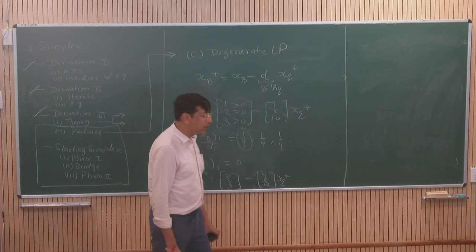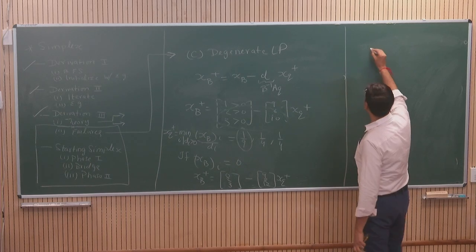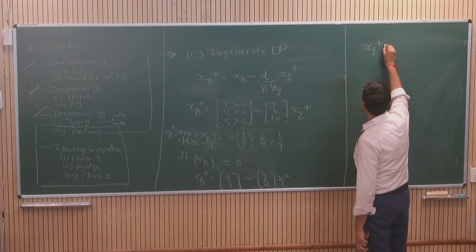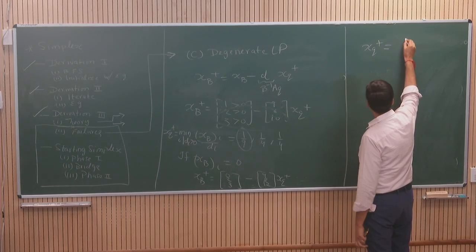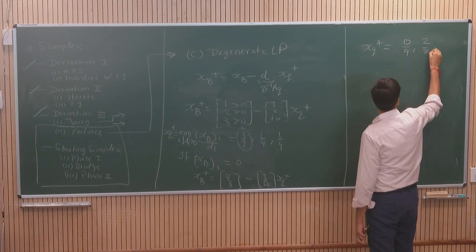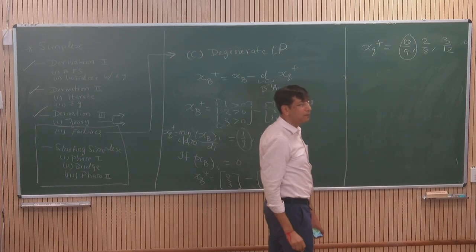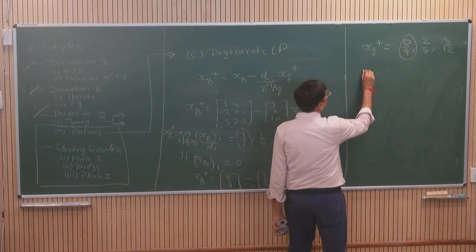Everybody with me? Now if it is equal to 0 and you apply this algorithm here, xq plus would be what? 0 over 9, 2 over 8 and 3 over 12. Correct?